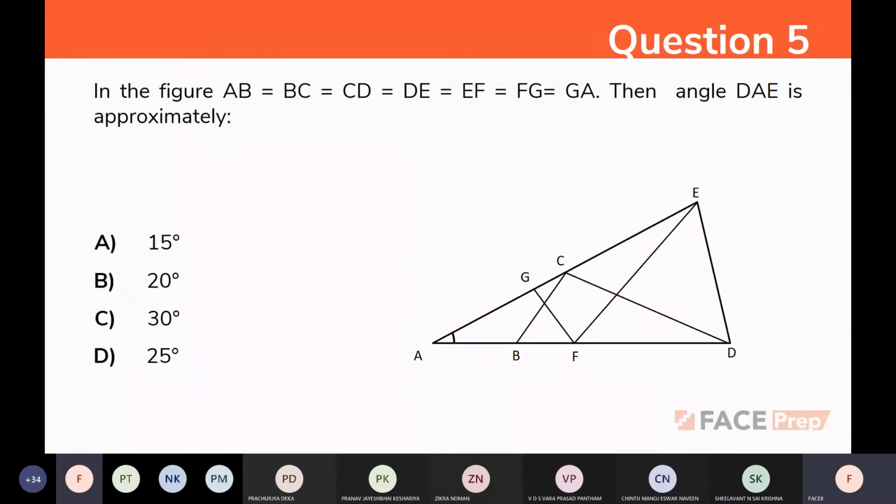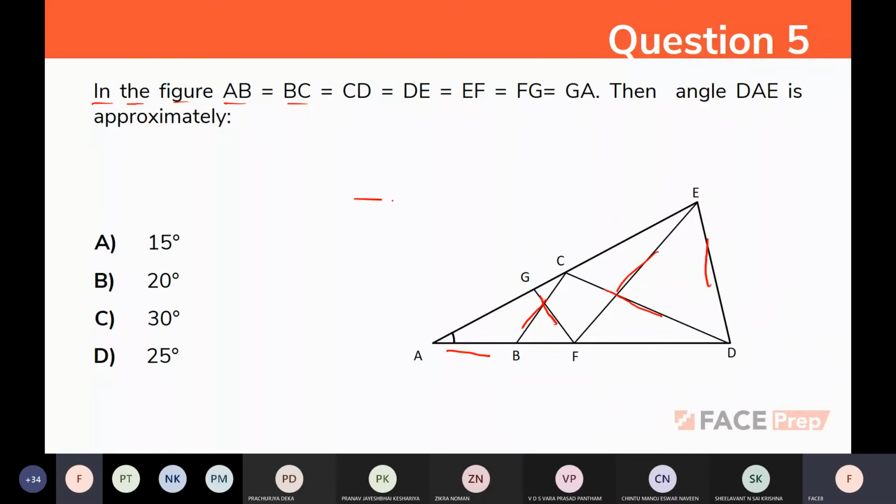So this question is a bit tricky, but very easy. At the same time, you may get confused very easily, so let me tell you how. In the figure, AB is equal to BC is equal to CD is equal to DE is equal to EF is equal to FG.